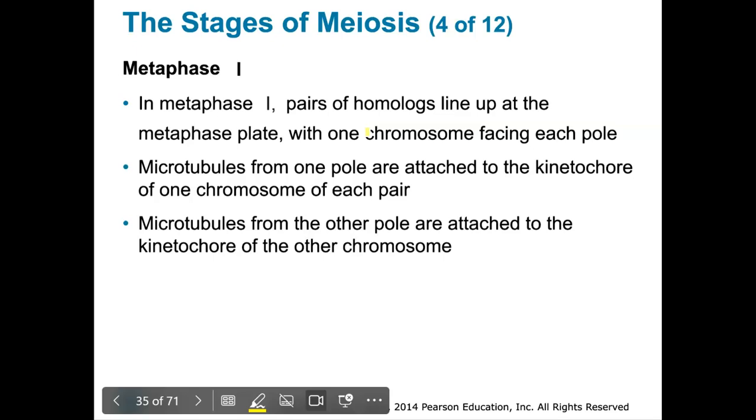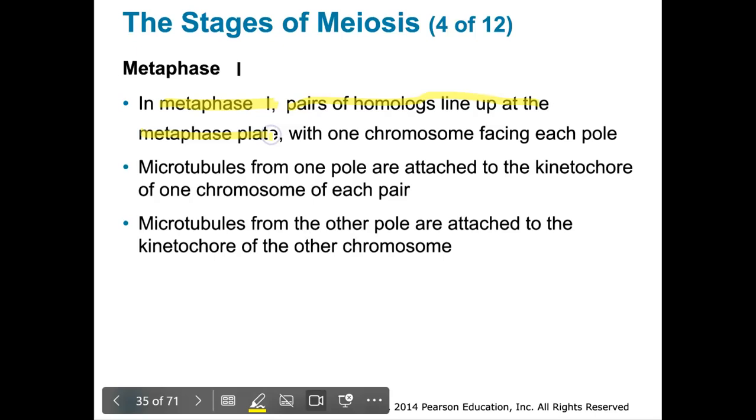In metaphase 1, instead of like mitosis, we would say that the chromosomes line up on the metaphase plate, or at the middle of the cell. But in metaphase 1, instead of single chromosomes, it is pairs of homologous chromosomes. So I just say homologous pairs line up at the metaphase plate.